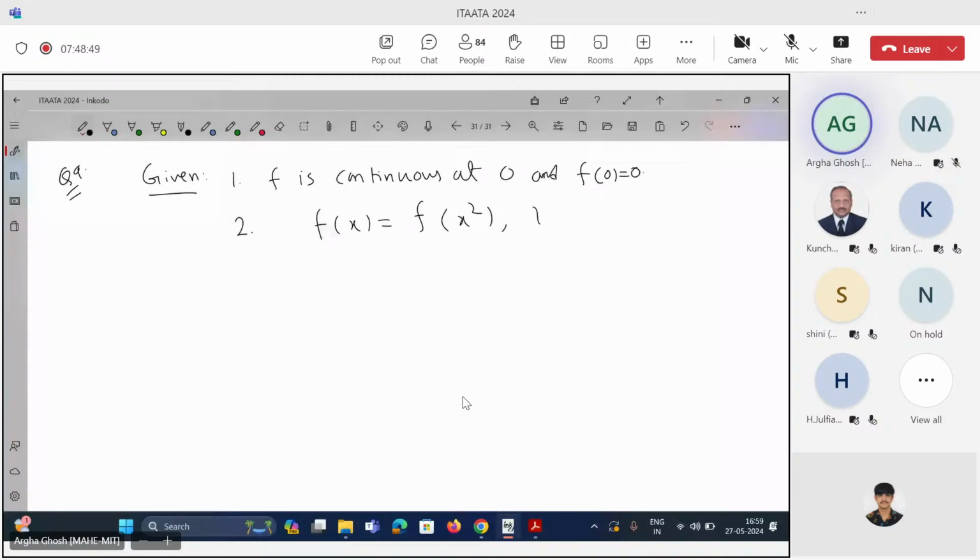What we have to prove is that f of x equals 0 for all x. That means f is also going to be a continuous function. Oh, sorry. Wait a second. Yes, it's from -1 to 1.